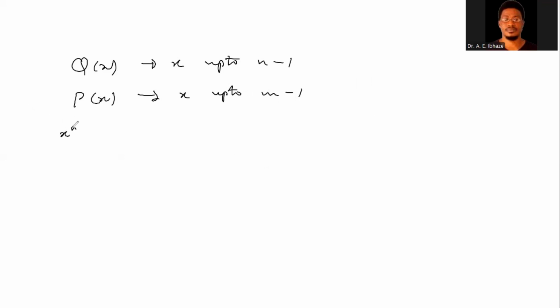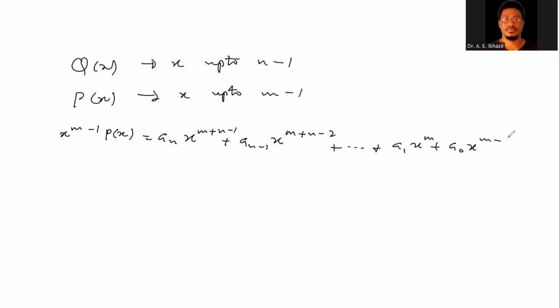So that is x to the m minus 1 times p of x, so we'll multiply through, which will now be the same as a sub n x to the m plus n minus 1 plus a sub n minus 1 x to the m plus n minus 2 plus all the way to a1 x to the m plus a naught x to the m minus 1.